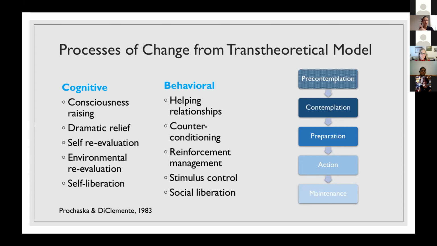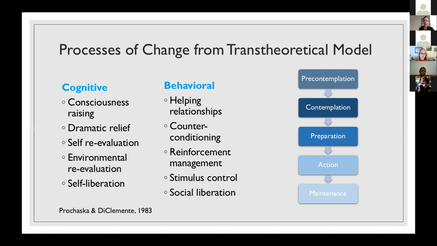And then on the other side here, the behavioral processes of change, I think a lot of these are processes that the villagers and the communities were using to sustain this positive behavior change. So helping relationships at the top here is the social support, having other individuals encourage that positive behavior change.